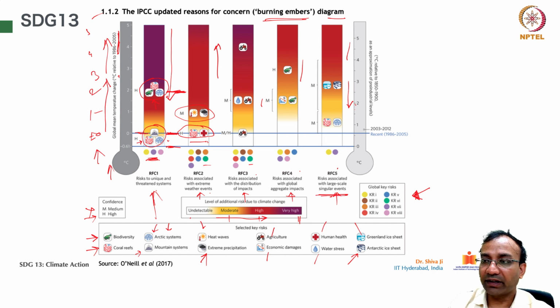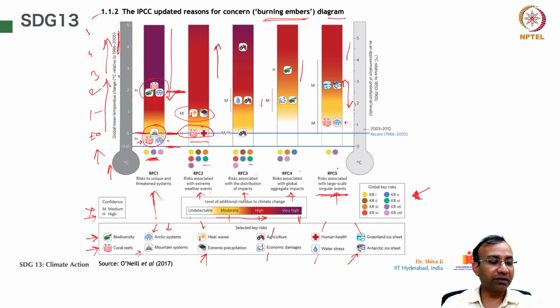In RFC 5, where these ranges are also a little above on this and this one, right? This talks about what could be the burning, most critical concerns at global level. If they collapse, huge issues will rise up.